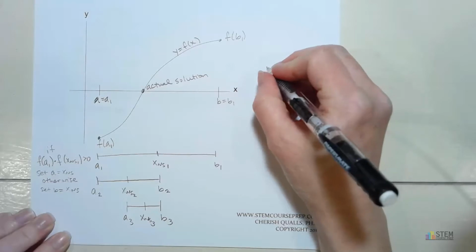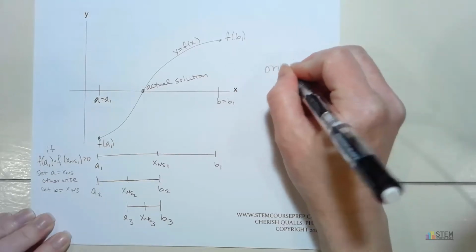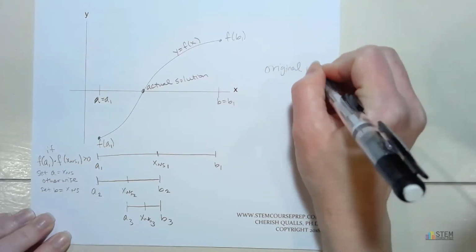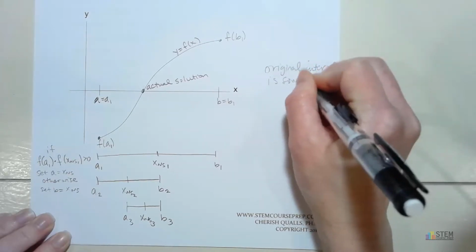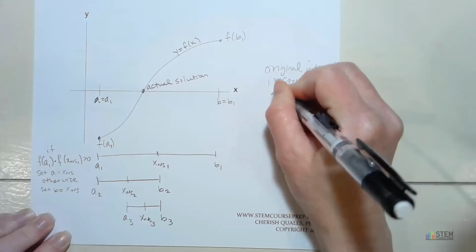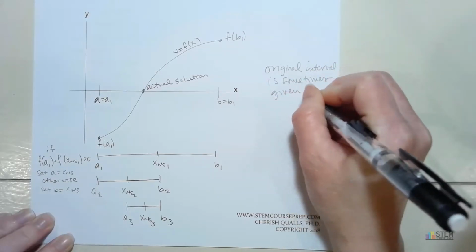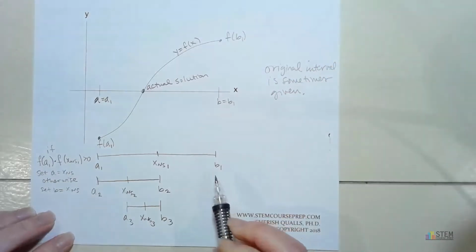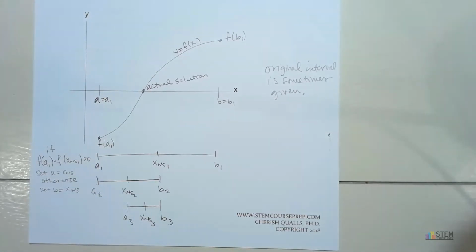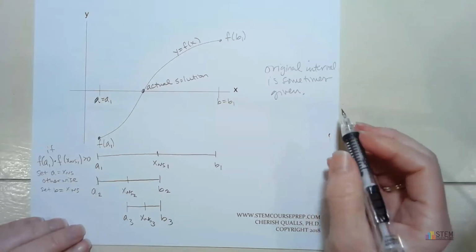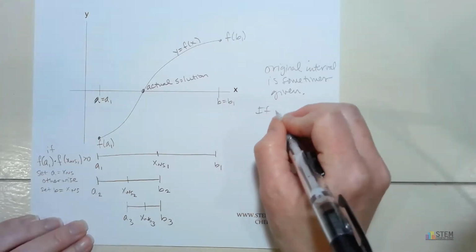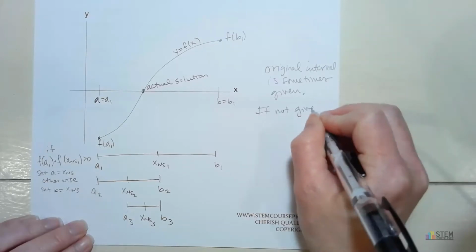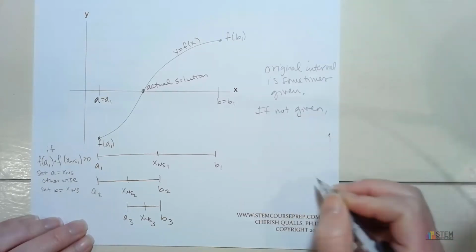Now, let's talk about something else. The original interval is sometimes given. Sometimes you'll be given, you want to search on the interval from 1 to 3. In textbook problems, you're usually given that. If that's not given, you have to try to figure out what interval to look at.